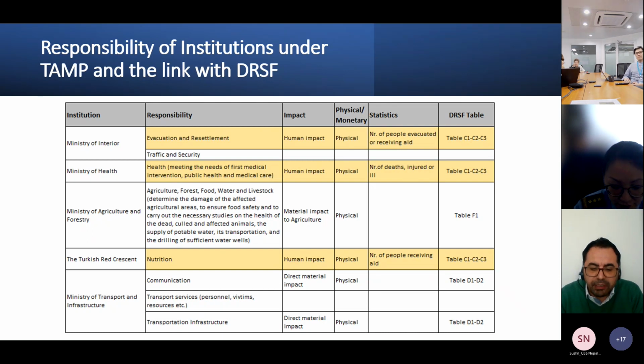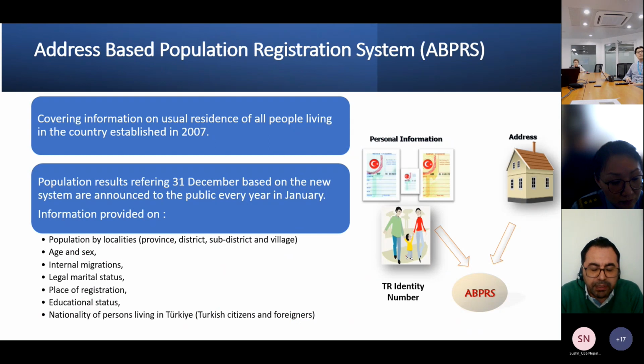So I mentioned the possible production of disaster-related statistics at tables C2 and C3, especially of DRSF. These statistics mainly can be produced from the IDES system. But there's also an important administrative register that allows Türkiye to produce actual information on population size of localities and characteristics of the population. This system is called the address-based population registration system.